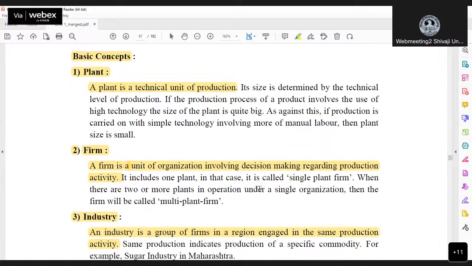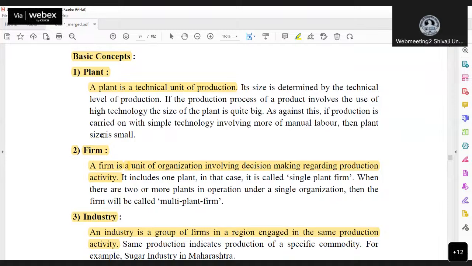Later, some basic concepts were given. Plant is a technical unit of production. The location where you produce something can be treated as a plant. Firm is a unit of organization involving decision making regarding production activity. Plant and firm, what is the difference? Plant is the exact location where actual production takes place, a technical term.